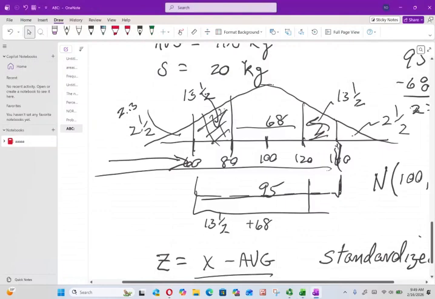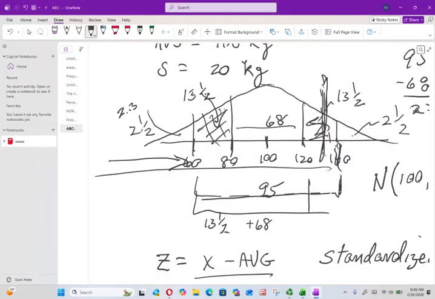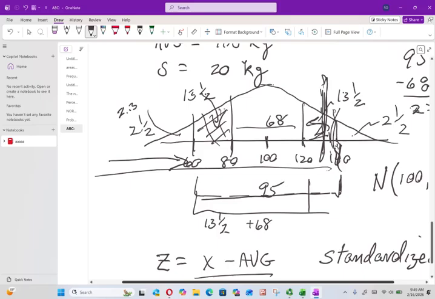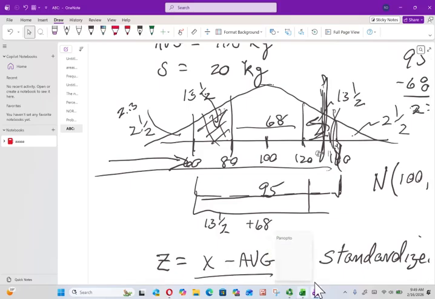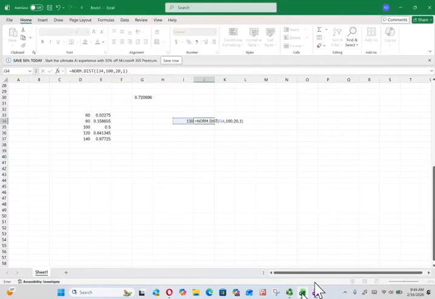Here's 130, right there. 68 plus 16 is 84, but less than 95 or something like that. Don't ever calculate one without drawing the picture and looking at the possibilities.